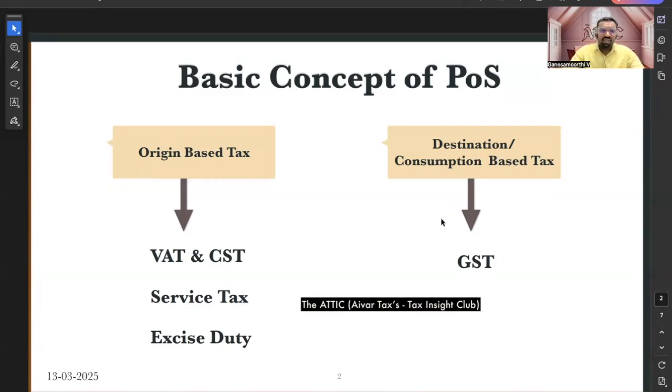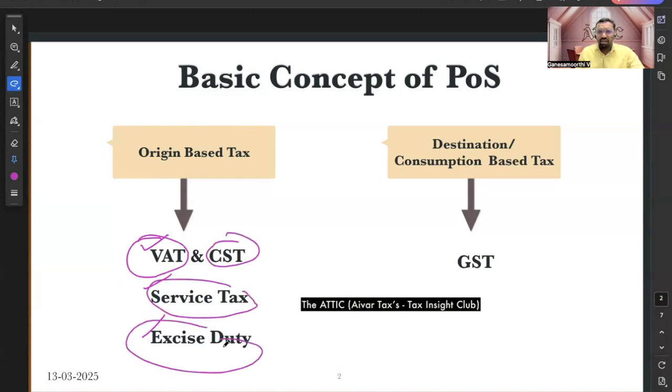For example, in the pre-GST regime, we paid taxes like VAT, CST, service tax and excise duty. VAT is the revenue of the state government. CST, service tax and excise duty are the revenue of the central government. I took these four taxes for a comparison.